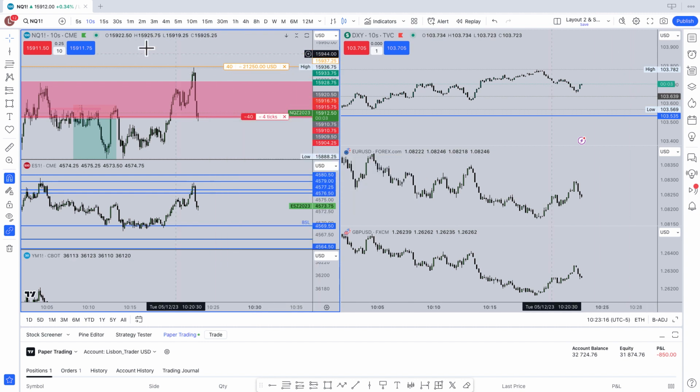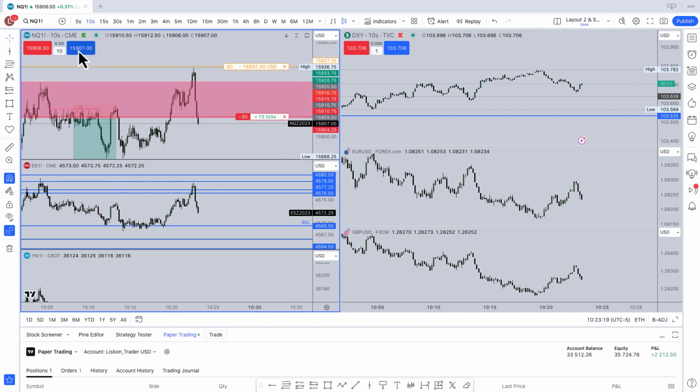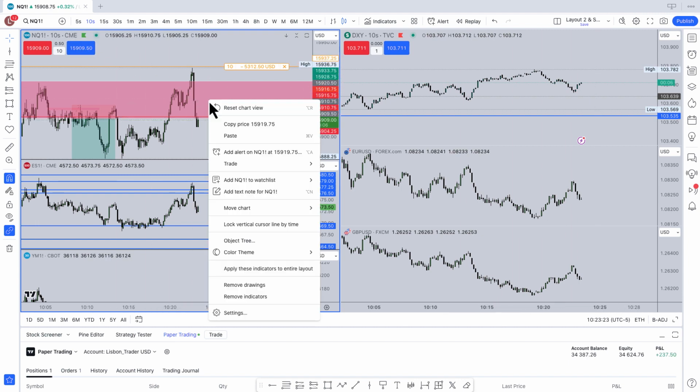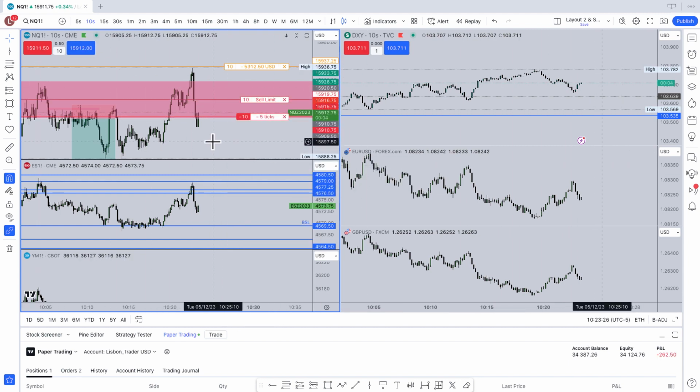So let's move, and then sell here or there.